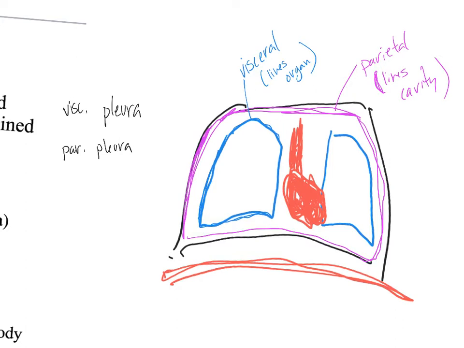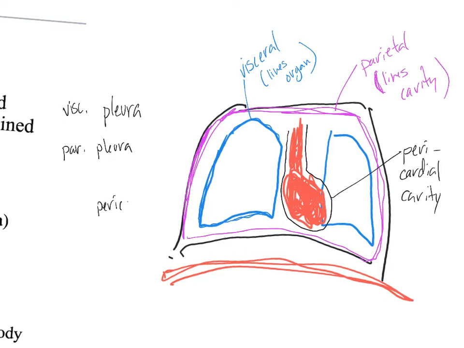All right, so the heart here actually has what's called the pericardial cavity. But the heart has serous membranes as well. We have the heart, and the serous membranes that line the heart are called the pericardium.